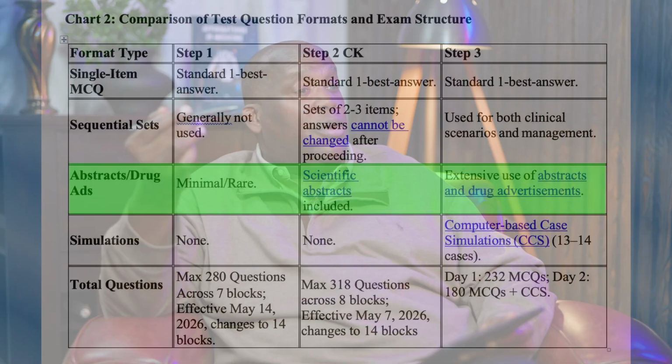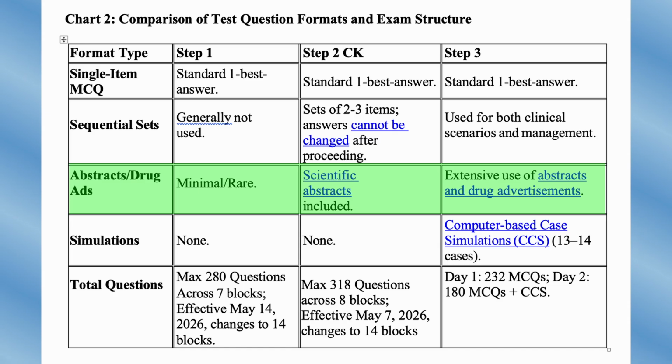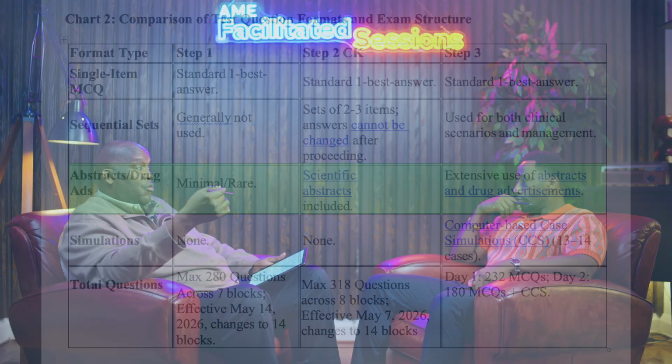So we will see primarily on Step 2 CK and Step 3 actual drug ads or science abstracts that review the clinical trials of a particular drug for us to assess whether or not it would be appropriate for patient care.